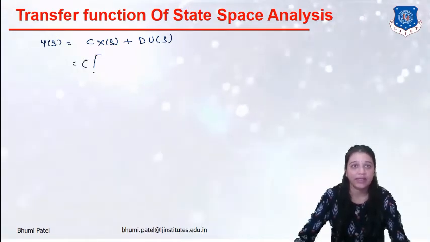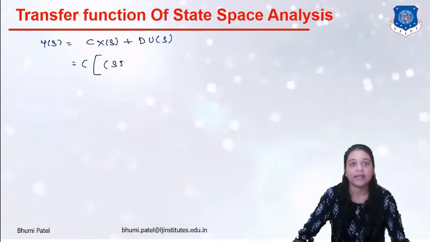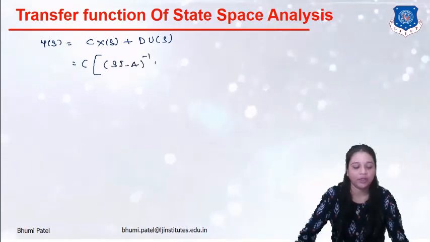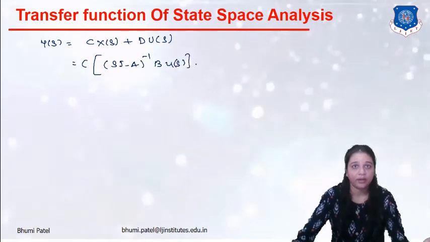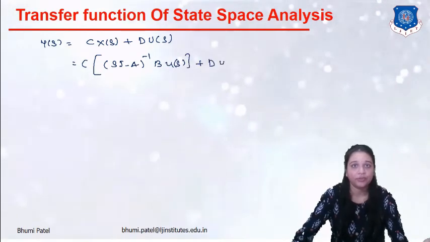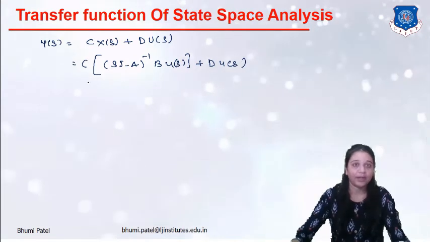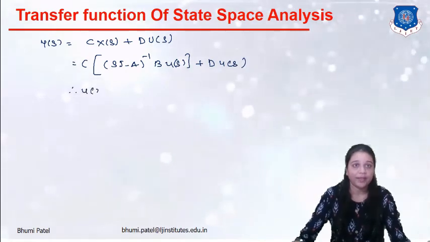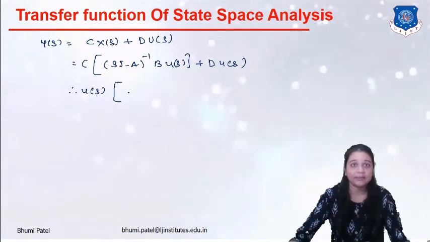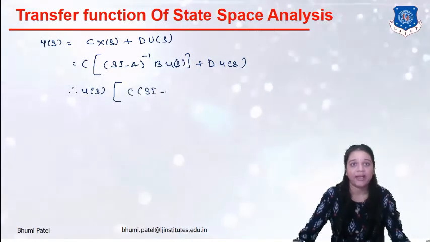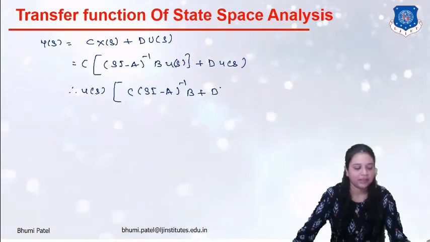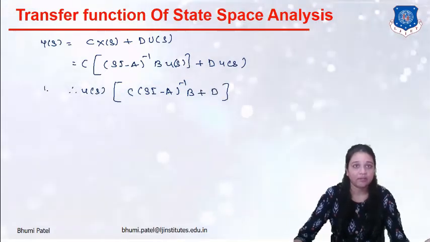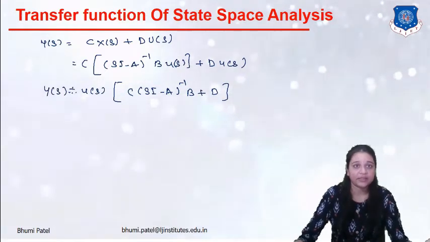We get C (sI minus A) inverse into B U of s plus D U of s. Now we take out the common term U of s, so we get [C (sI minus A) inverse B plus D] U of s. This is the equation of Y of s.